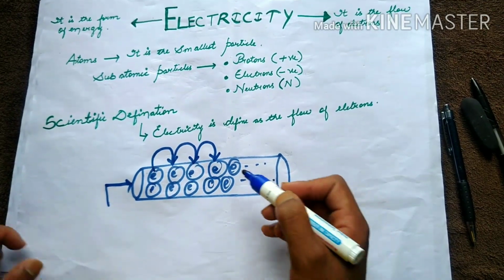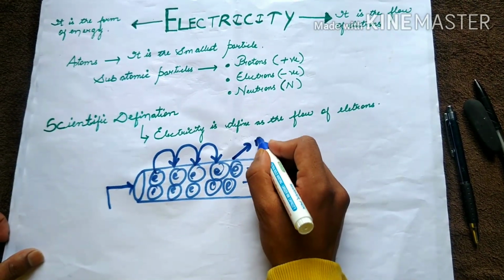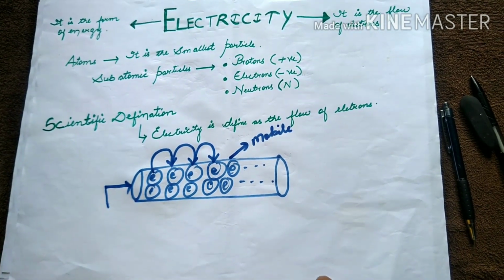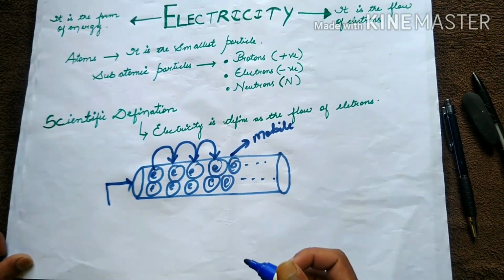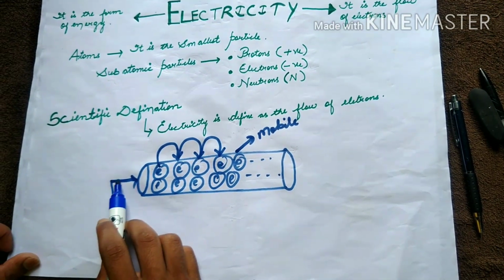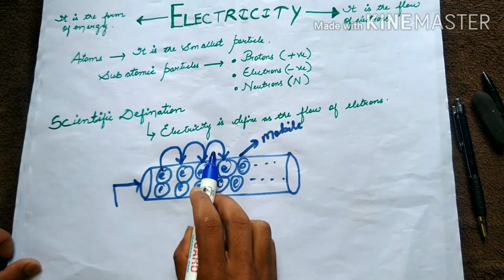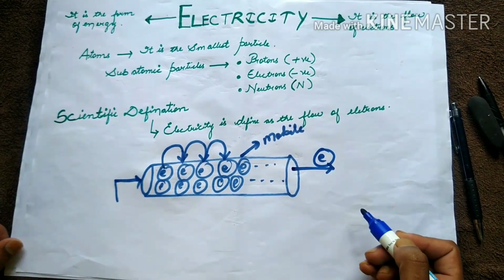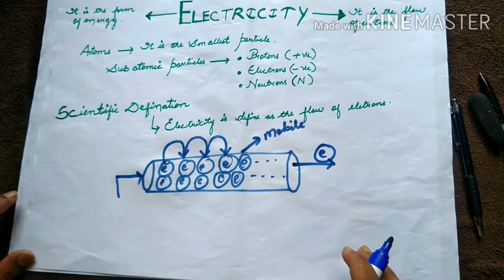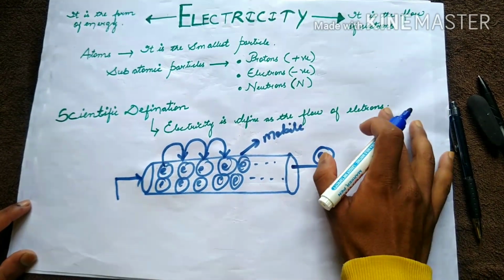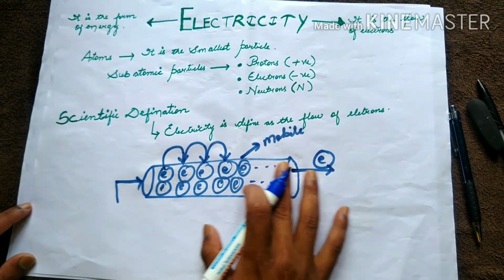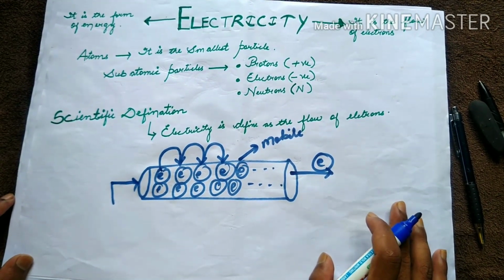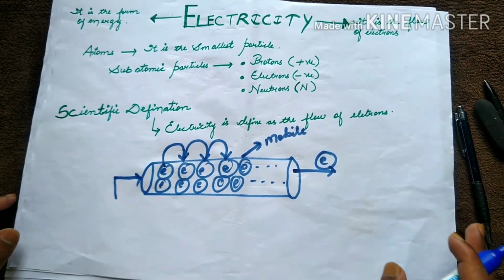Why? Because the electrons inside are mobile electrons. Mobile electrons means they have the capacity to flow. So when current is applied, the electrons are pushed one by one, and ultimately the electrons come out. This is the idea behind the definition, that is, flow of electrons. You can see electrons are flowing inside the conductor. I hope you are clear with the idea of flow of electrons.